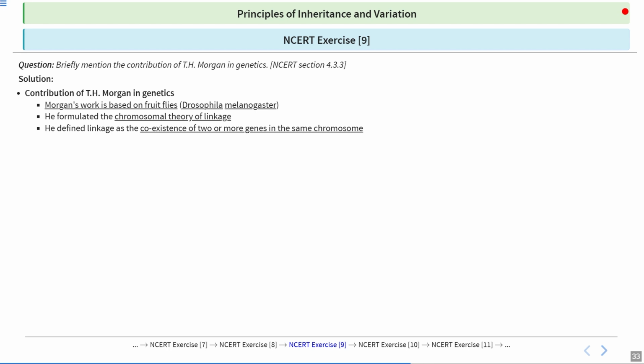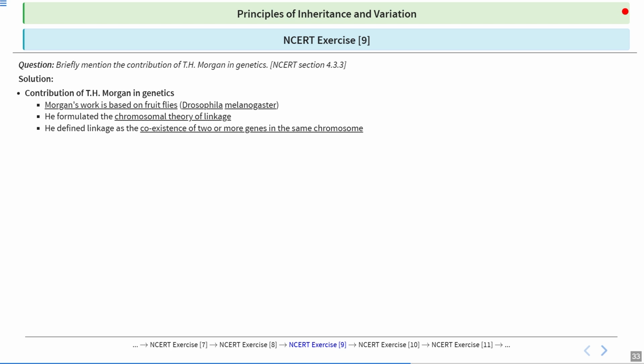So he said these linked genes are present on the same chromosome. So that's why it's written coexistence of genes, of two genes or more than two genes. And these two genes are present very close to each other. The distance between the two genes is less. That's why the recombination frequency is very less.